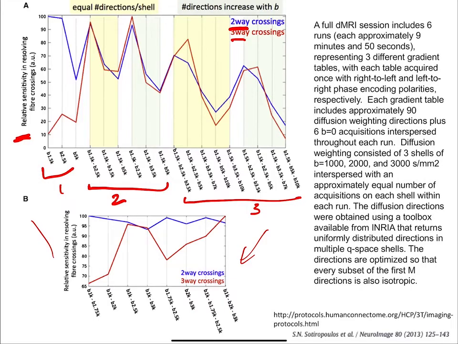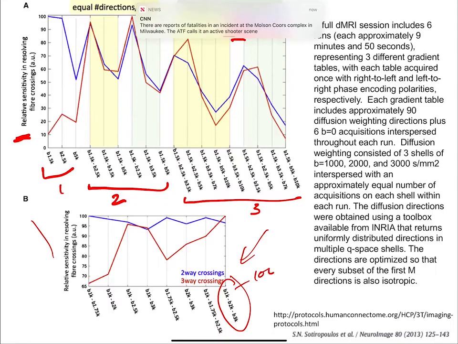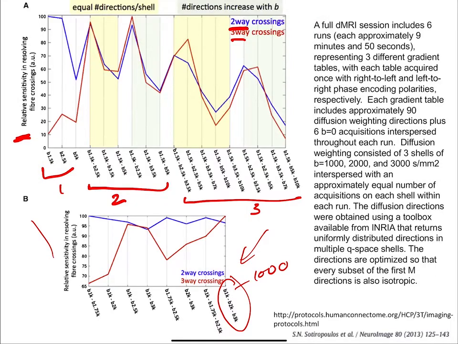And they found that if they used B of 1,000, 2,000, and 3,000 with an equal number of directions per shell, they got their best performance for both 2 fiber and 3 fiber crossings. So this was the simulation or calculation they did to come up with their protocol, and this was really the first widespread multi-shell protocol that was used.